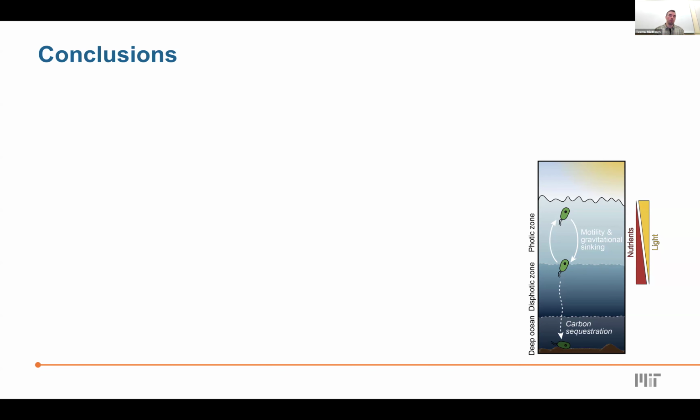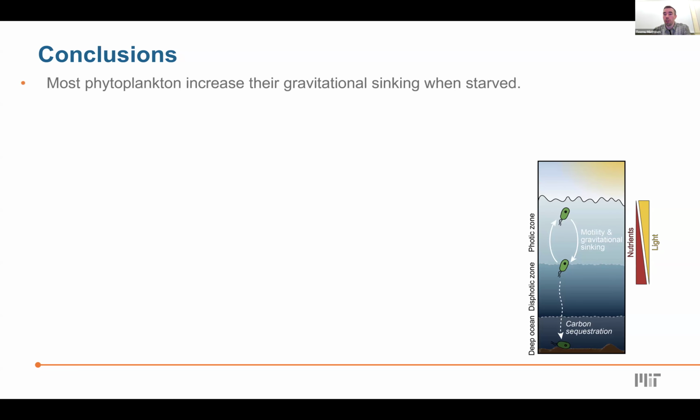And that's enough to provide those cells with some degree of competitive advantage against their competitors, so that when they are low on nutrients, they try to sink a little bit deeper where they might have a little bit more nutrients available. And of course, motility might play a role in here, and we are only now starting to study motility.